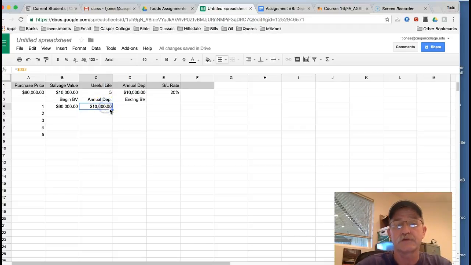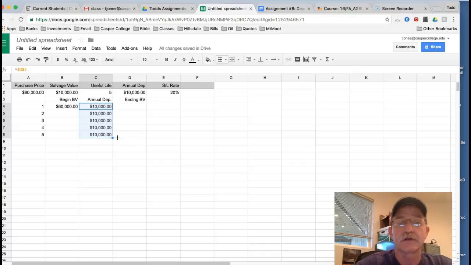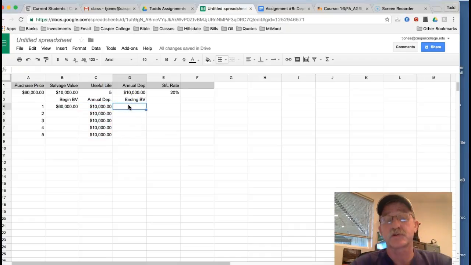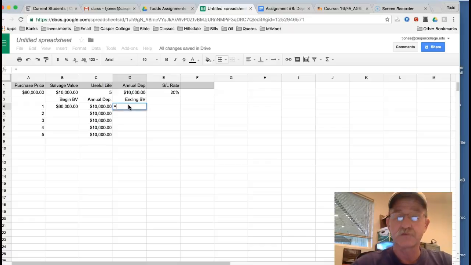Now I can do this right now just so you understand why I did that. It always cell references the cell where the 10,000 is. Okay, so the ending book value is going to be a simple calculation. It's going to be the beginning book value minus the depreciation. In this case, it's going to be 60,000 minus the 10,000.